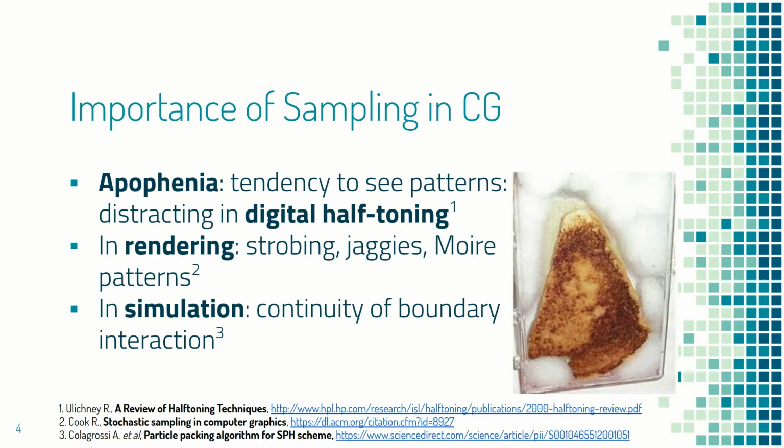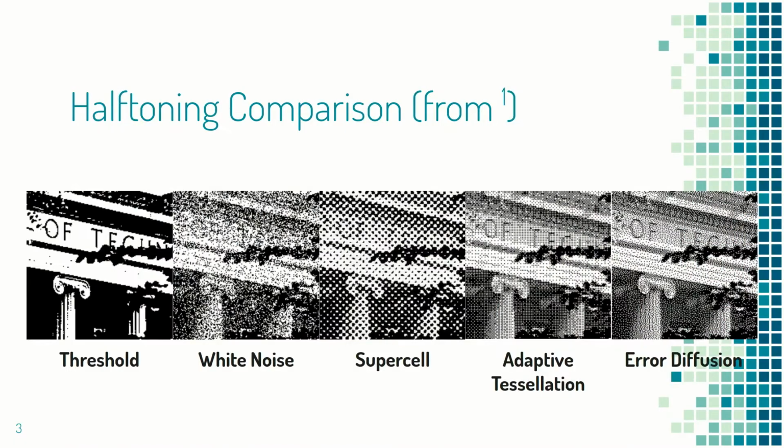One of the things we know about human vision is that we all have a tendency to see patterns in things, a phenomenon called apophenia. It is a distracting phenomenon in half-toning, as you could see in the previous image, where in the adaptive tessellation you could see patterns forming.